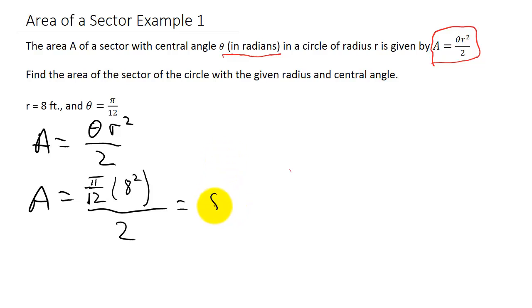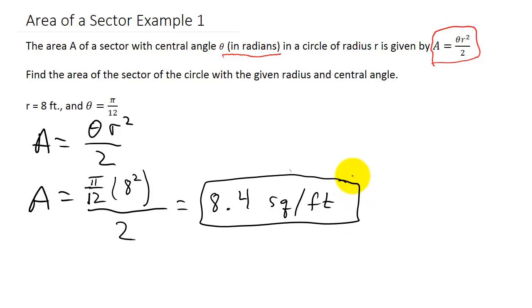And so that would be 8.4 when rounded to one decimal. And since we're talking about area, this is going to be square feet. Okay, and there's your solution.